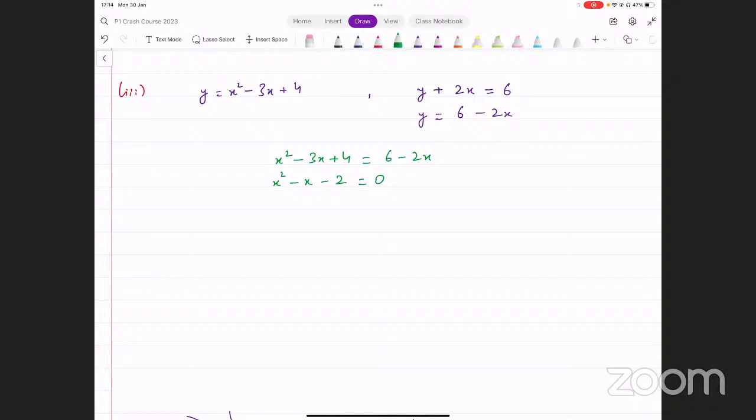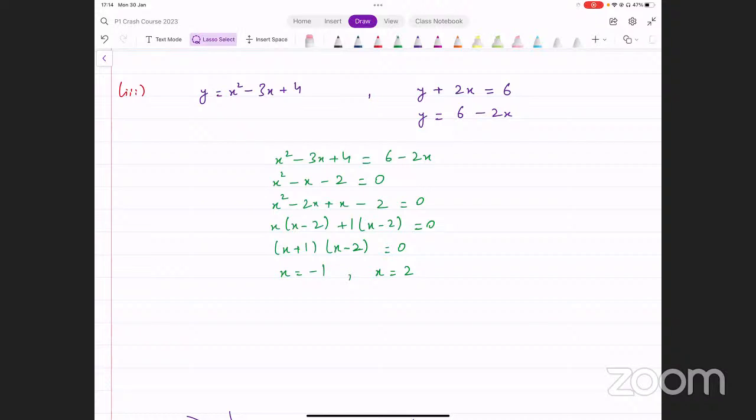So it becomes x squared minus 2x plus x minus 2 equals 0. If I take x common here, that leaves me with x into x minus 2 plus 1 into x minus 2. And we get 2 factors, x plus 1 into x minus 2 equals 0. And x equals minus 1 or x equals 2. These are the 2 values of x that I'm getting.